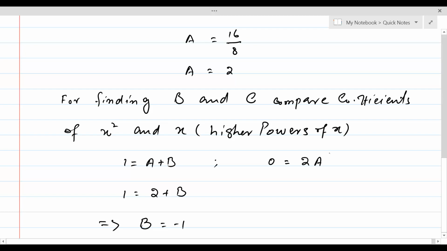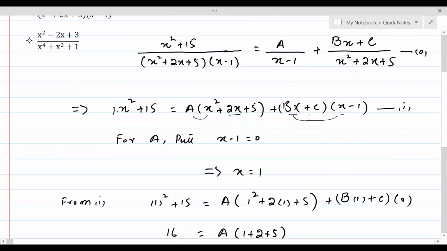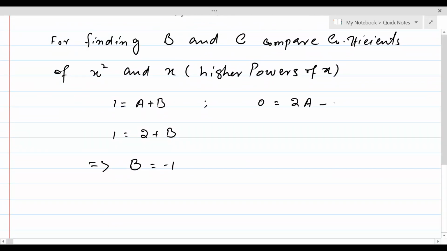In the last term, when bx is multiplied with minus 1, that generates minus bx. Therefore the coefficient of x will be minus b, and when c multiplies with x, the coefficient of x will be c. So from the last term we get minus b plus c. This is the relation we get when we compare coefficients of x on both sides.